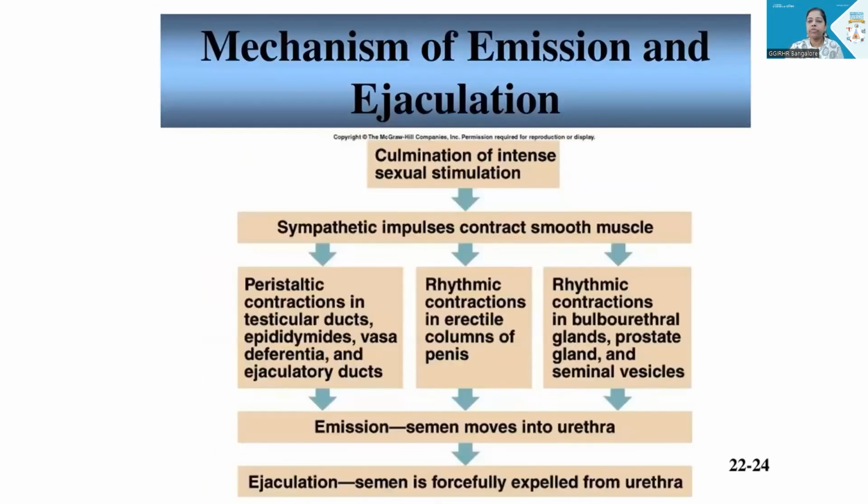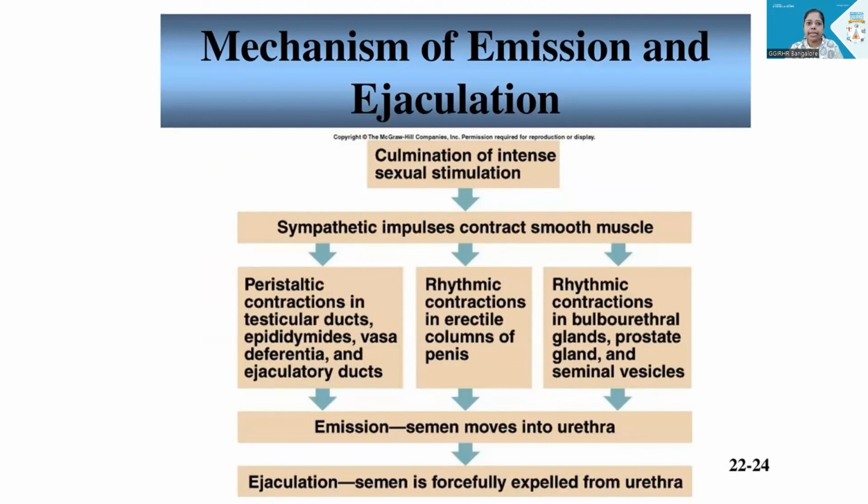Then what is the mechanism of emission and ejaculation? The culmination of intense sexual stimulation leads to sympathetic impulses causing smooth muscle contractions, peristalsis. Here we need to know the anatomy of the male reproductive system, the ductal system and the accessory glands. All three are important for ejaculation.